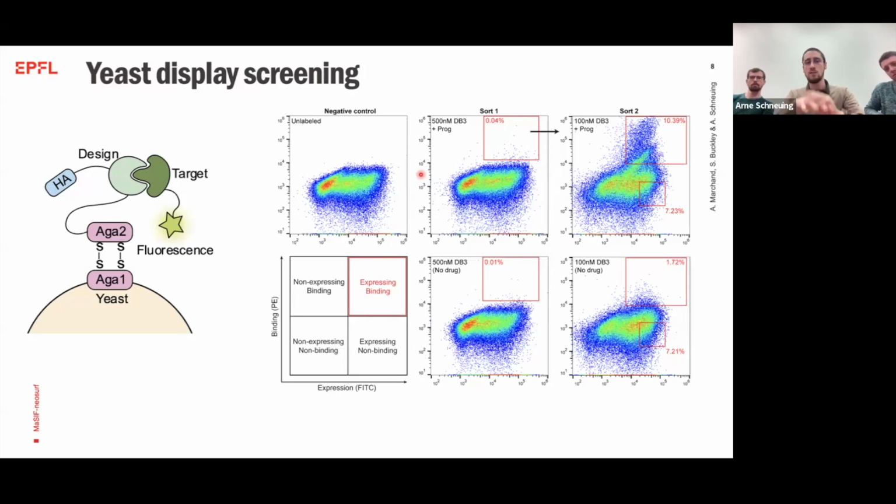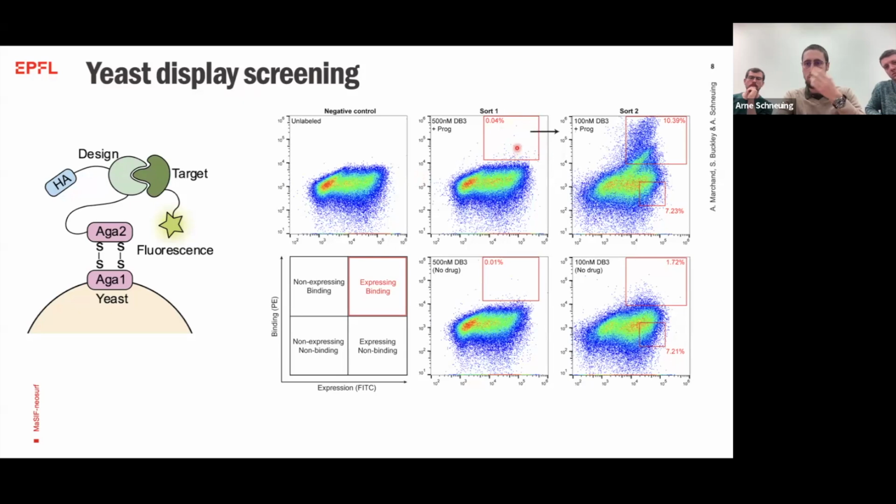This is what we call avidity. So you cannot really assess an affinity on yeast properly because of this avidity effect. And usually the affinity that you get on yeast is about 10 times higher than what you get in reality with classical biophysical methods like SPR or BLI, where you get a one-to-one. Okay. Nice, thanks.